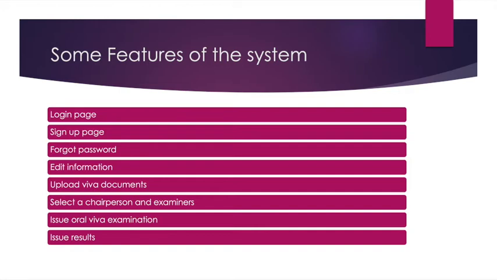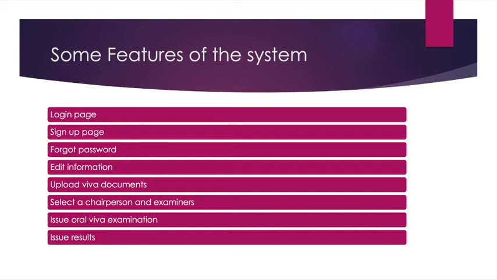After the selection of examiners and chairperson, and after approving, the admin clerk will be able to issue the oral Viva examination through the system by inputting the information such as date, time, and venue.